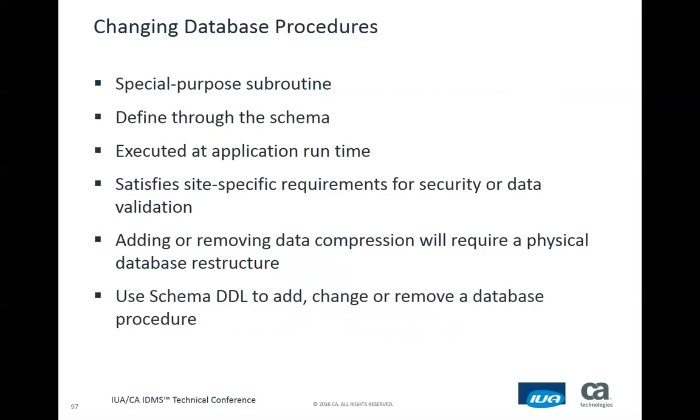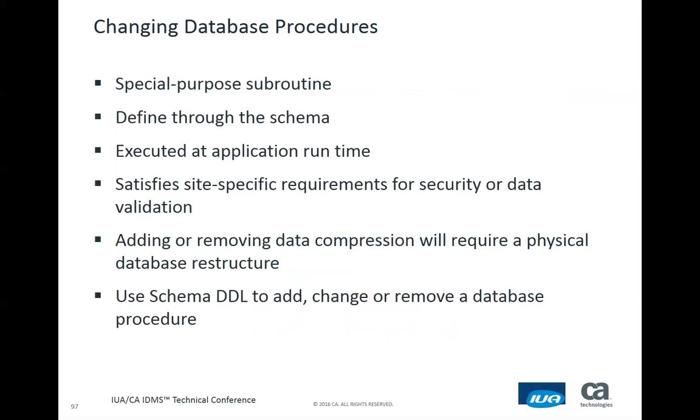Now, one of the other items that can be changed within your environment is database procedures. Database procedures are kind of exit routines, special purpose subroutines. They're defined at the schema level, and you can give them specific times to be executed, for example, before an obtain, before a get, after a get, or if there's an error process.